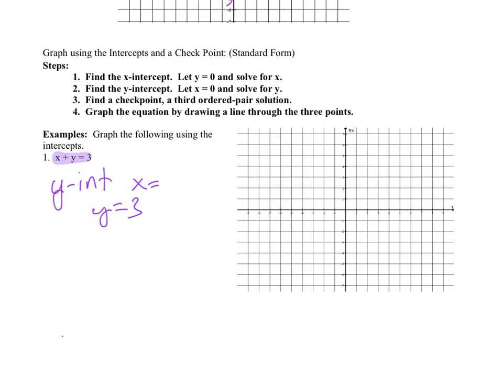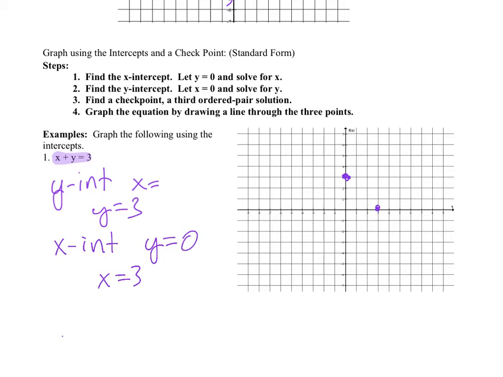So I know that I am crossing the y-axis at a positive 3, right there. I forgot to put my little mat down that prevents me from doing weird things like that. Now my x-intercept is when y is equal to 0, and when y is equal to 0, I get x equals 3.